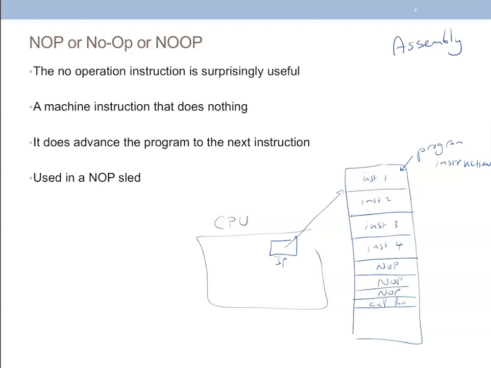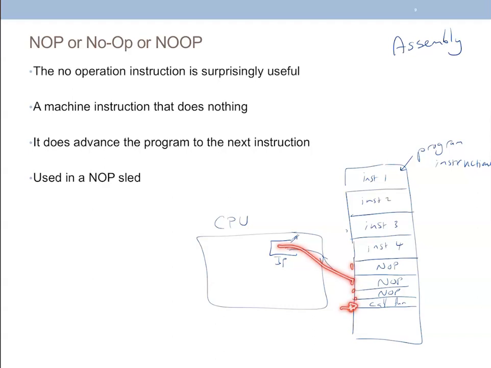So it will execute instruction 1, then 2, then 3, then 4, and then it will try to execute the next instruction, and you know what that is? It's nothing. It's a no-op, so it just advances to the next one. If you have a program with a bunch of no-ops in there, your instruction pointer, your IP, is just going to go all the way until it hits a real instruction.